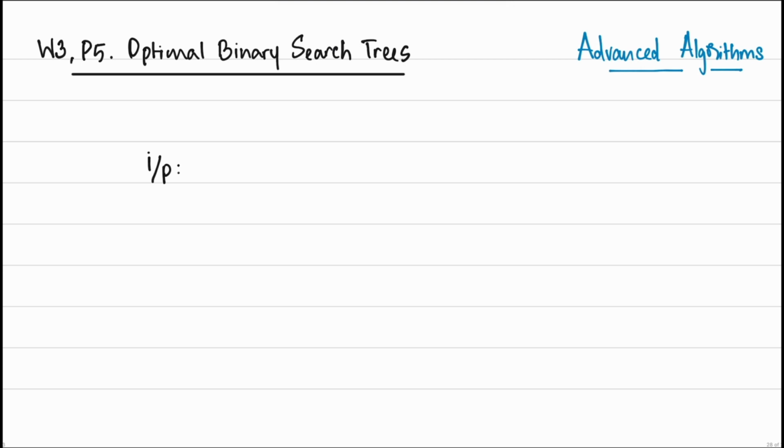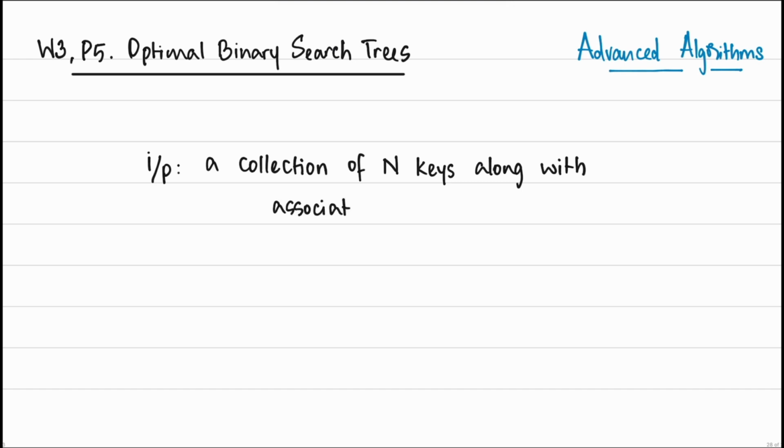The input is a collection of n keys, along with associated frequencies. Let's say that the keys are stored in an array A and the frequencies are given to us by an array F.